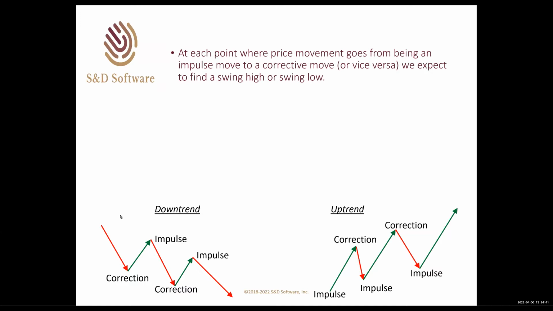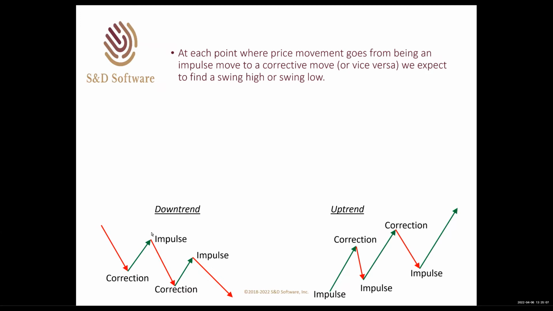And if we look at our drawings down here with our sample trends, you can see here how we have our corrective moves and our impulse moves in the downtrend. And again, in the uptrend. And you can see each of these turning points where we go from an impulse move to a corrective move, whether it's an uptrend or a downtrend.